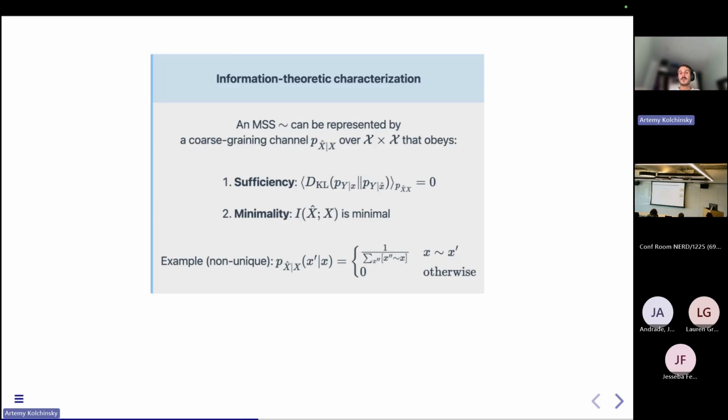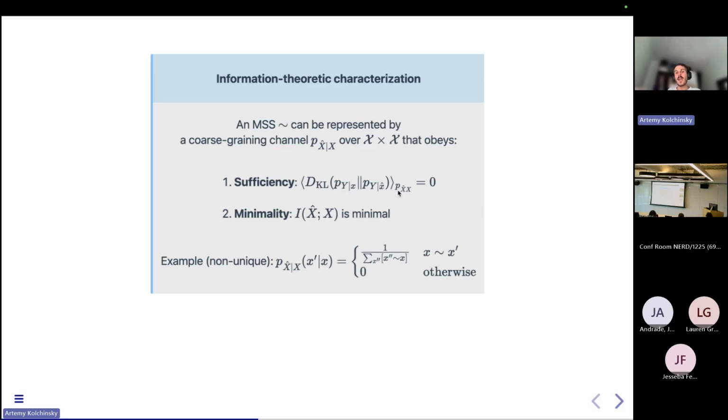We can also characterize this equivalence class information theoretically, and it's going to look a little bit different than before. Instead of having some arbitrary space Q, we're going to have a stochastic channel that maps from the input space X to the input space again. So it maps from inputs to inputs. And as before, we require that it's minimal, meaning that the mutual information across this map is as small as possible.